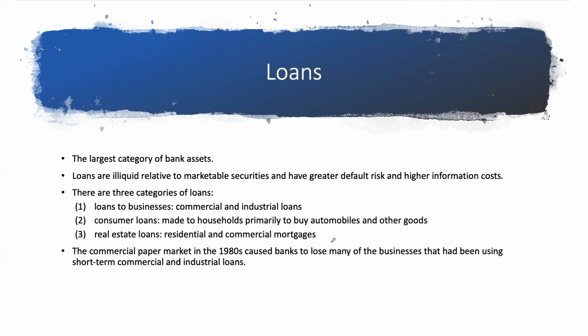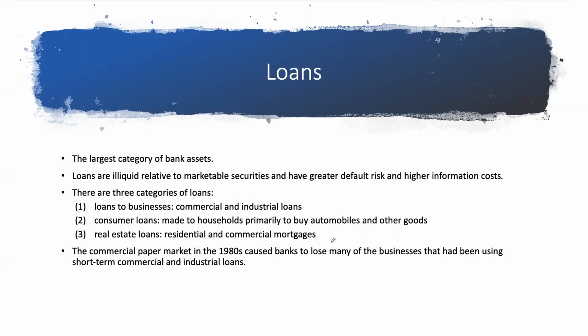The third big asset that the bank has is what we call loans. This is the bread and butter of a commercial bank, and it's the most illiquid portion of the bank's asset portfolio. When you make a mortgage loan, somebody comes into your bank and wants to take out a 30-year mortgage, and they're going to make payments every month for 30 years.